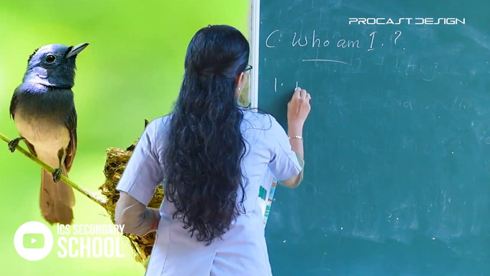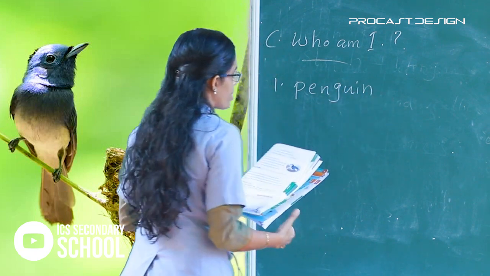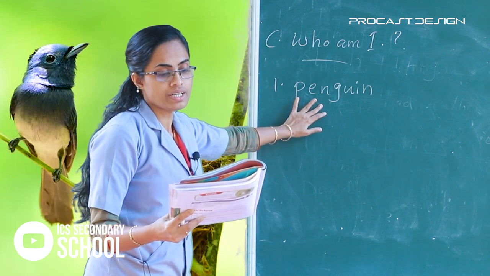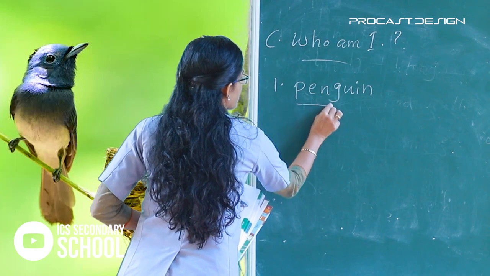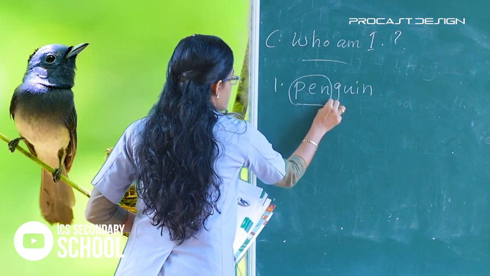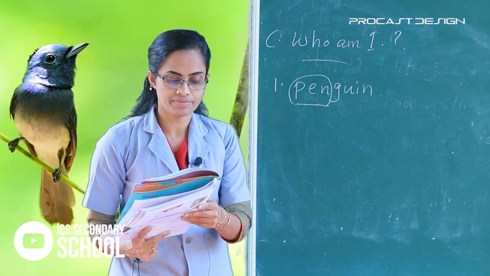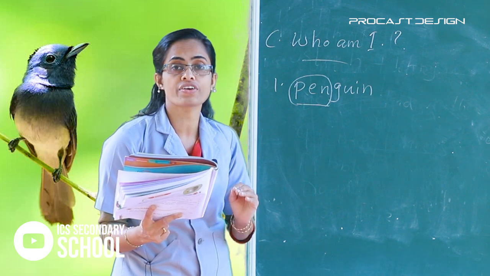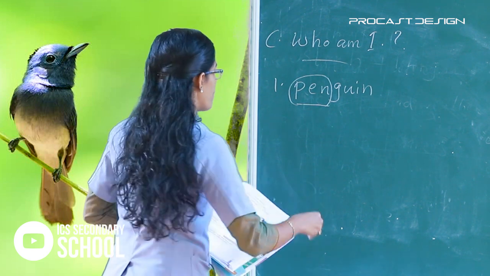The first one, penguin. Listen here. Hidden in my name is the name of something you write with. What is that? Pen. Okay. Penguin. And the second one, change the first letter of my name to get the name of a vegetable.